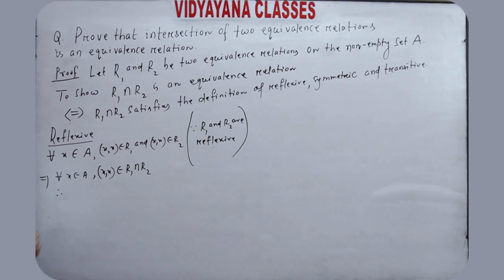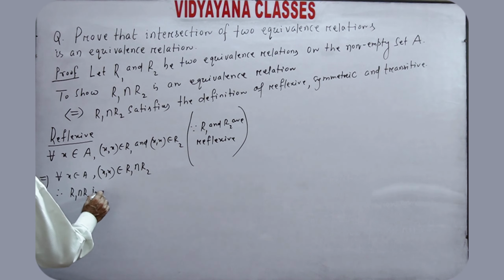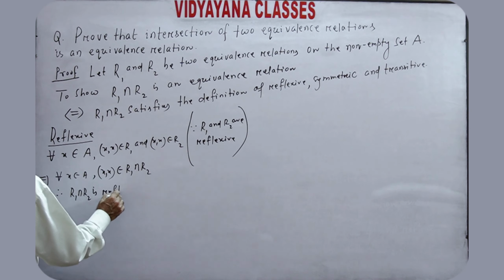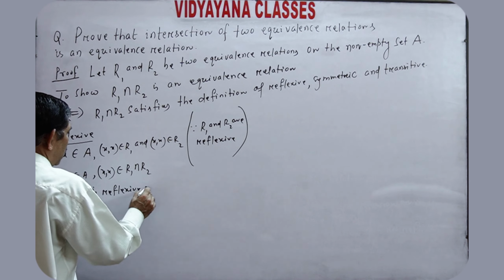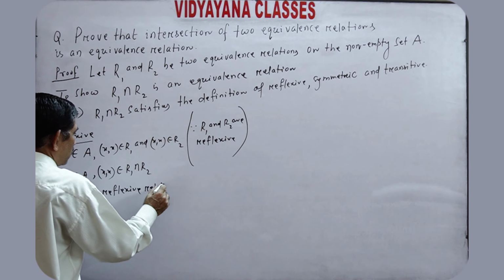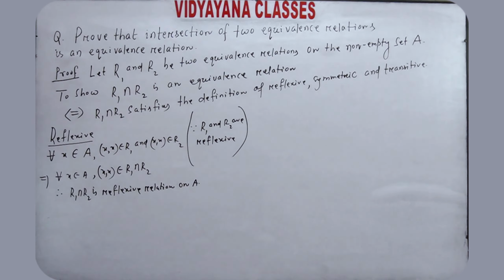Therefore, R1 intersection R2 is a reflexive relation on capital A. Clear?